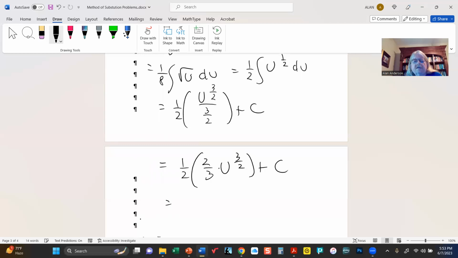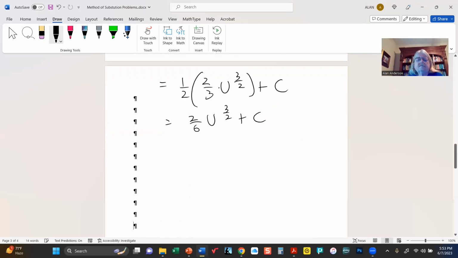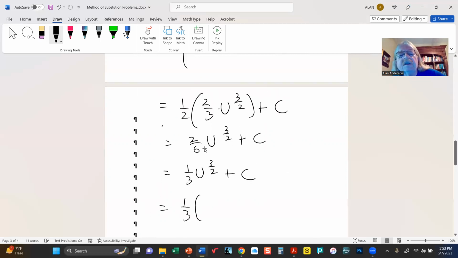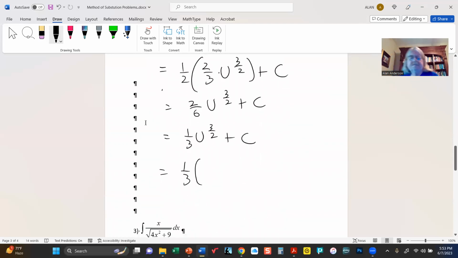And then we have 2/6 u to the 3/2 plus c, which of course is the same thing as 1/3. And now we just have to remind ourselves how we define u in the beginning of the problem. 4x squared plus 9. And there it is.